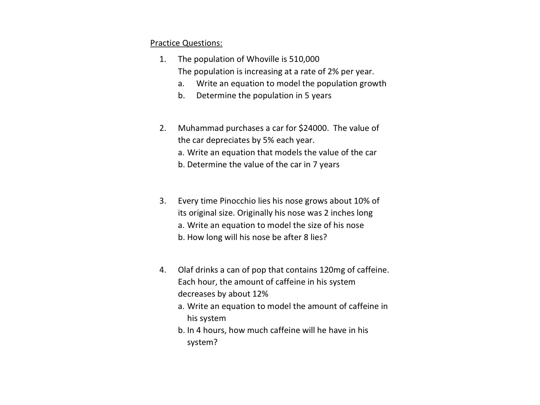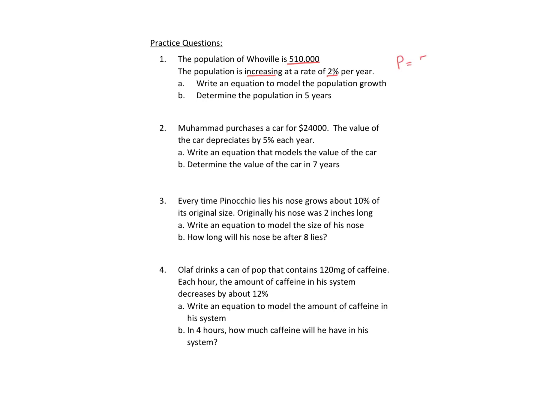Okay, here's a few questions that we can try. The first one is a population. We have the original population, and we know it is increasing by a rate of 2%. So we want to write an equation and then determine the population in 5 years. So I'm going to use P for population.